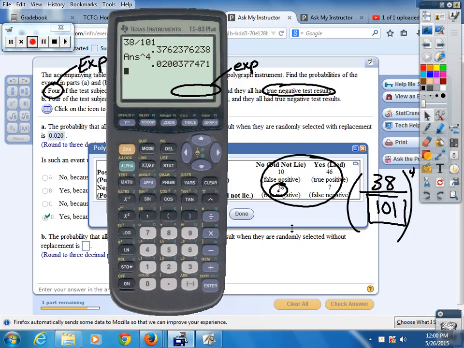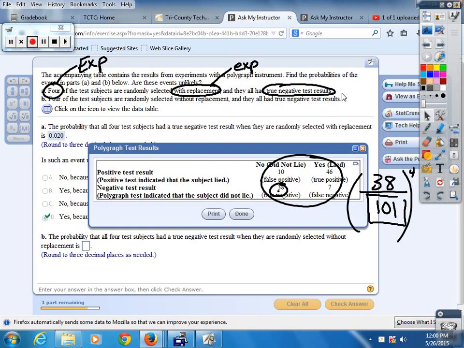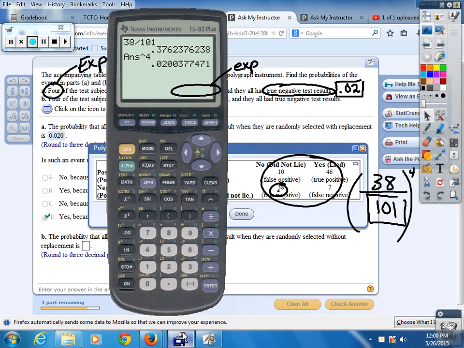So the answer to A is 0.02, and round according to whatever the directions say. Okay? And ours says round to 3 decimal places. So let me pull this back up. 0.020. So A is 0.020.